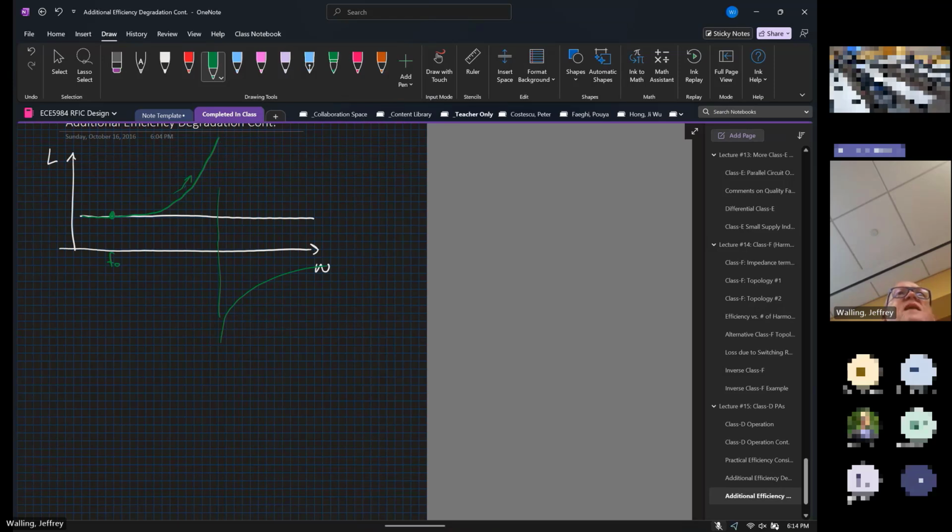What is still happening inside of this inductor circuit that has parasitic C is energy is still sloshing back and forth between the magnetic field and the electric field, being stored in either of those. And it turns out that the Q is actually probably peak near the self-resonant frequency, but it's not a Q that we can use. This is internal to that component. So things are getting kind of trapped in the component.